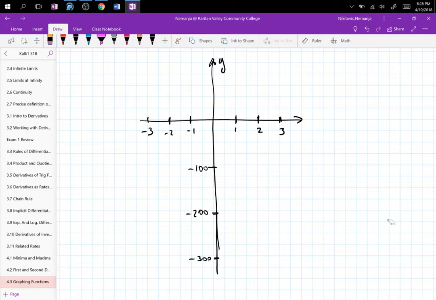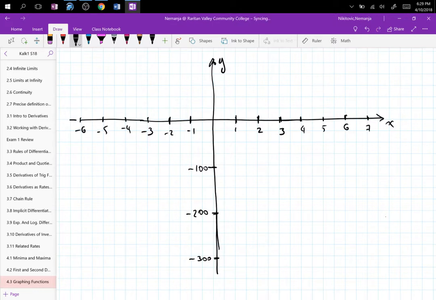So what I'm going to do is I'm just going to extend this to include positive and -6. So 4, 5, 6, 7, -4, -5, -6. Good.